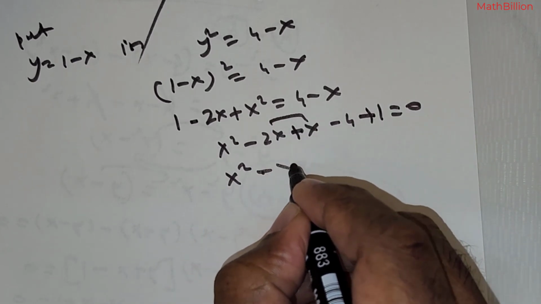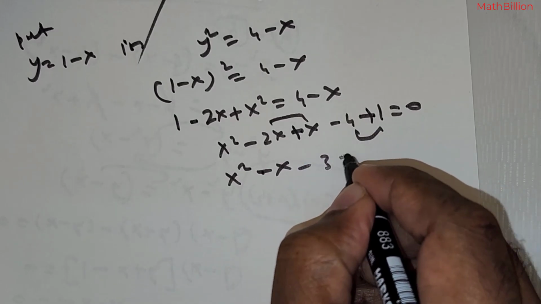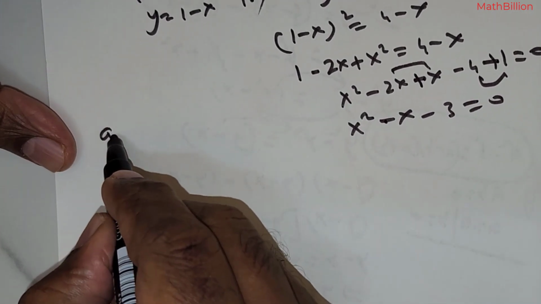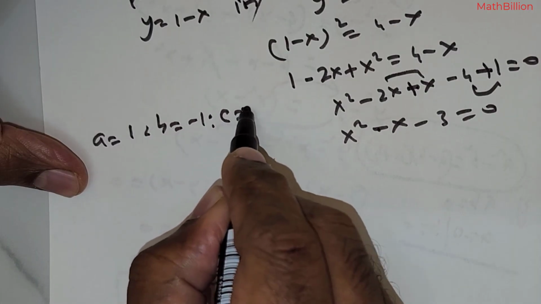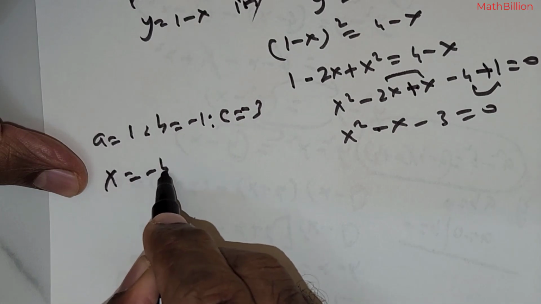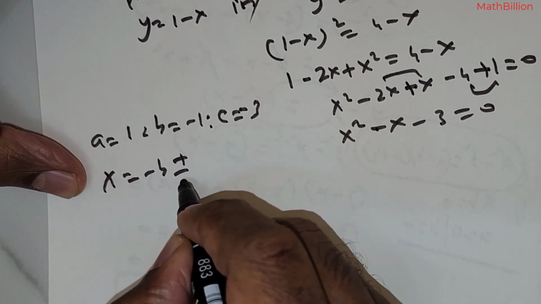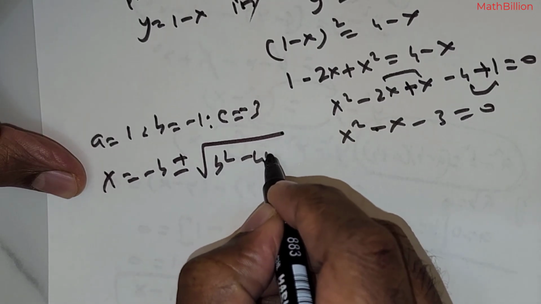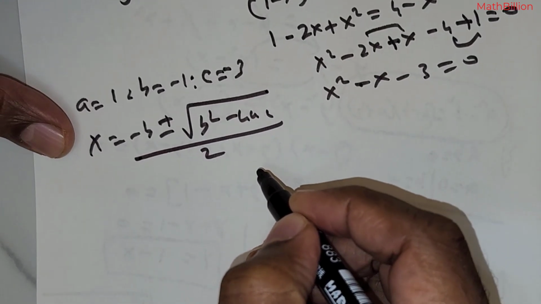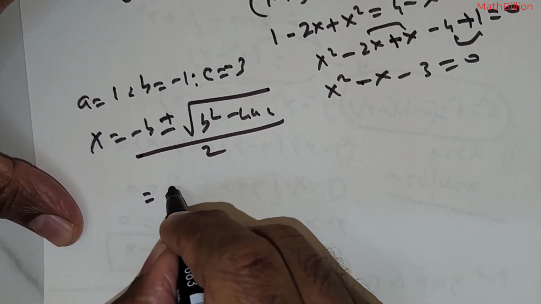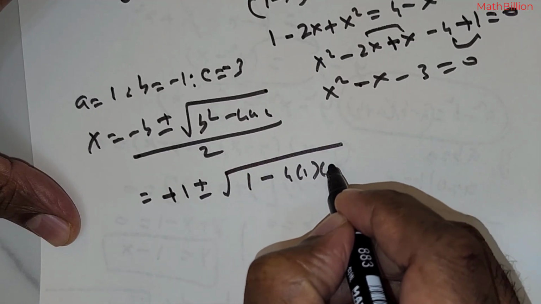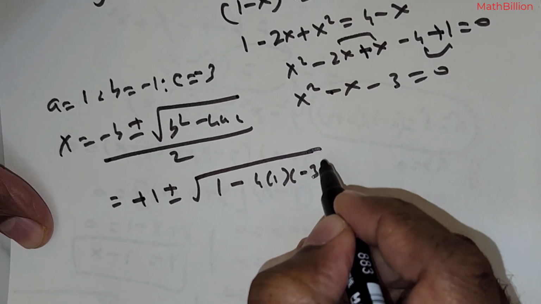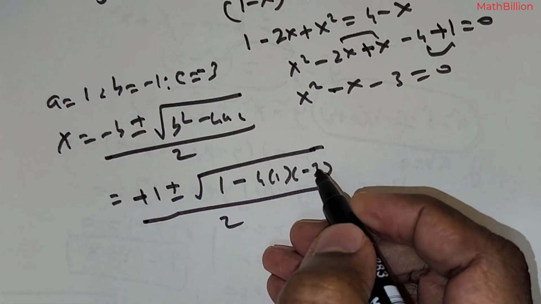You add these two together, you get negative x. Add these two together, you get negative 3 is equal to 0. Using quadratic formula, a is equal to 1, b is equal to negative 1 and c is equal to negative 3. Using the formula, x is equal to negative b plus or minus root of b squared minus 4ac divided by 2a, you get positive 1 plus or minus root of 1 minus 4 times a times c is negative 3, right, divided by 2.